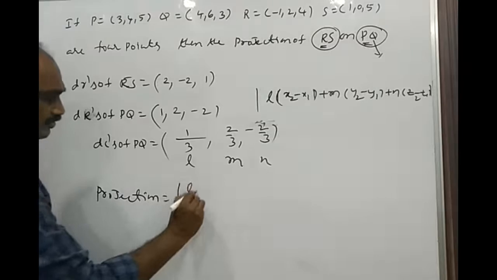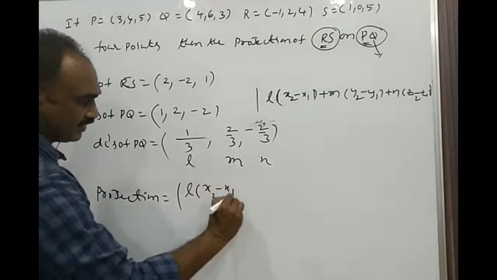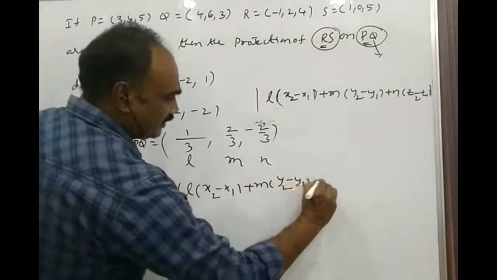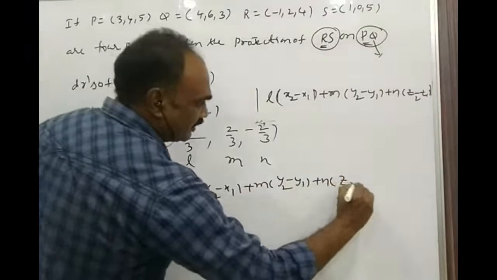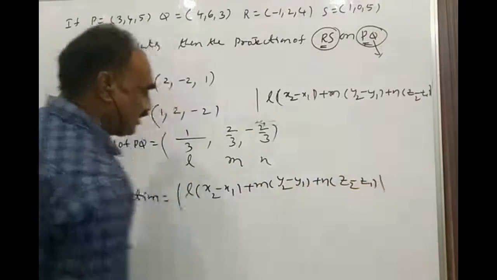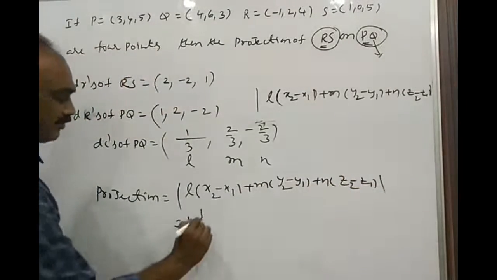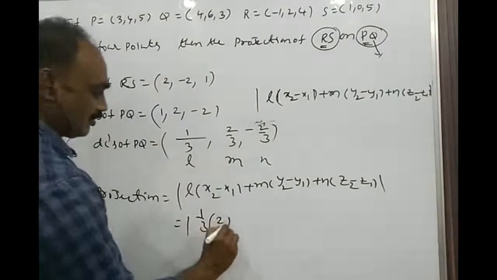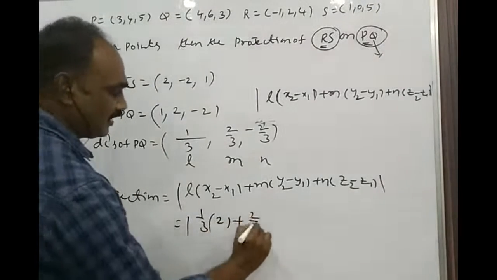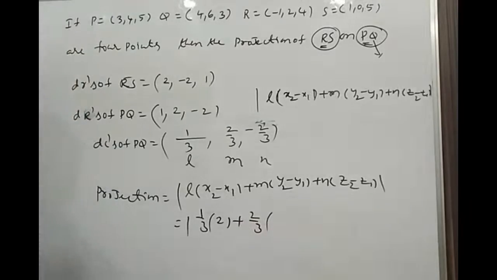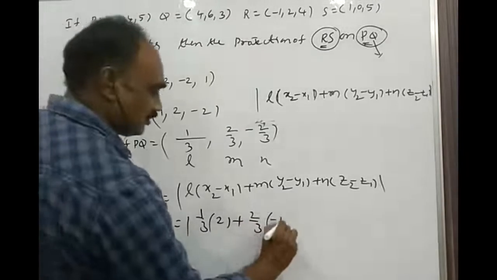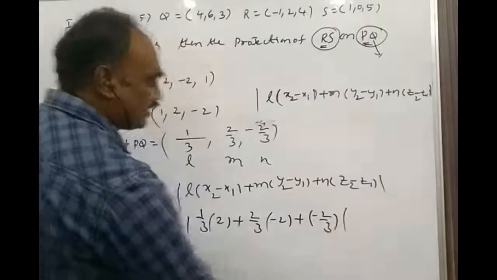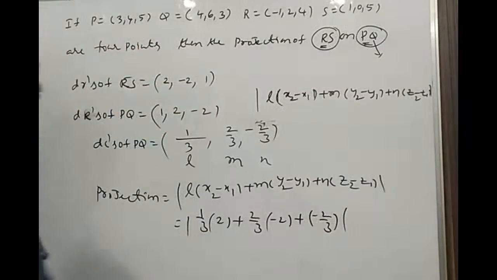Therefore, projection is equal to l into (x2 minus x1) plus m into (y2 minus y1) plus n into (z2 minus z1). Since l is equal to 1 by 3 into (x2 minus x1) which is 2, plus m is 2 by 3 into (y2 minus y1) which is minus 2, plus n is minus 2 by 3 into (z2 minus z1) which is 1.